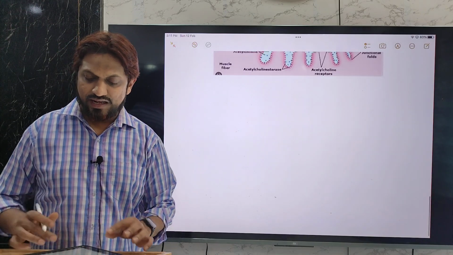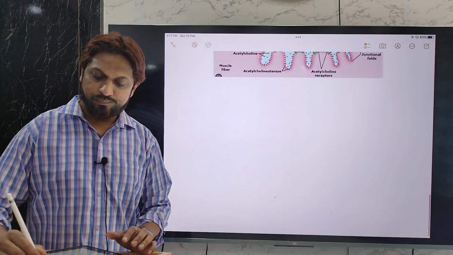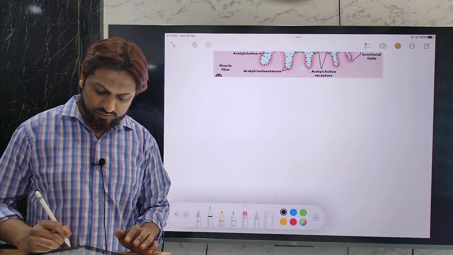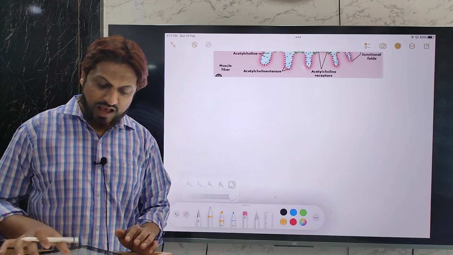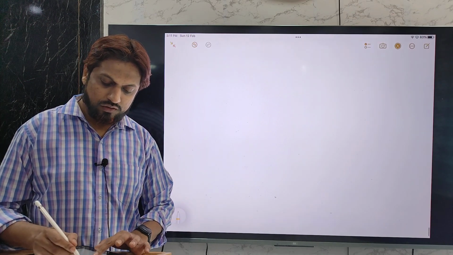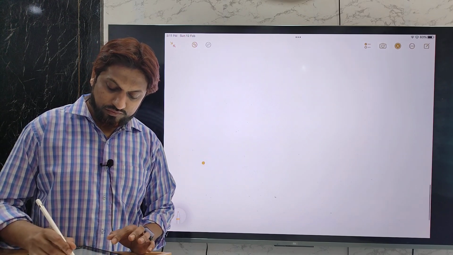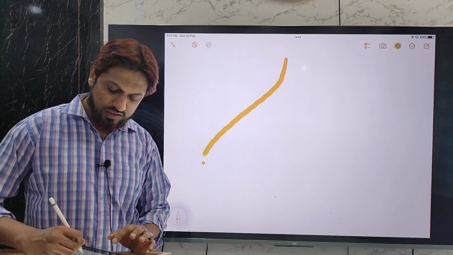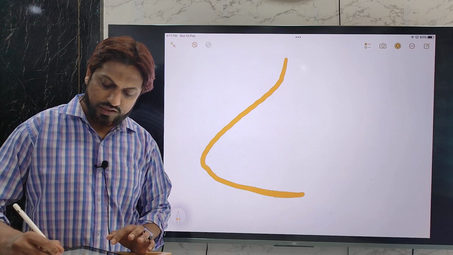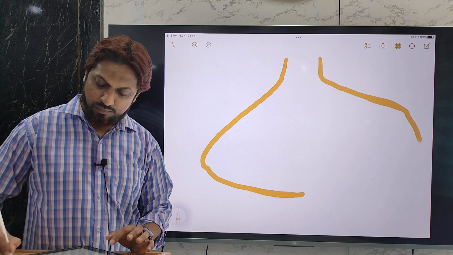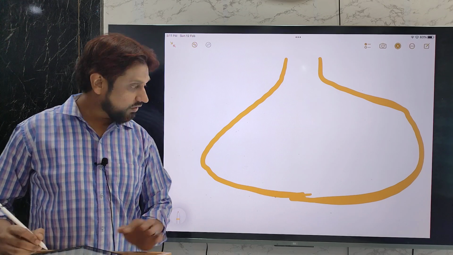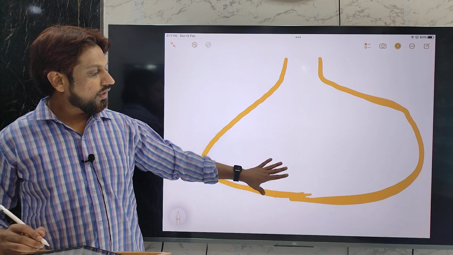I'll draw a line diagram to make this point clearer. With the help of this yellow color, I'm going to draw a structure. Consider this as the axonal nerve ending, that is the terminal button, where the neuron terminates.